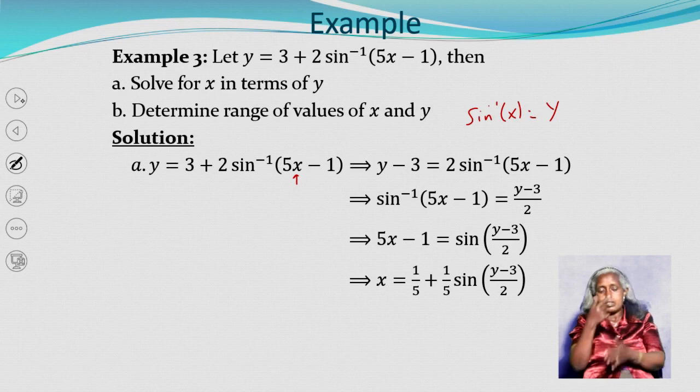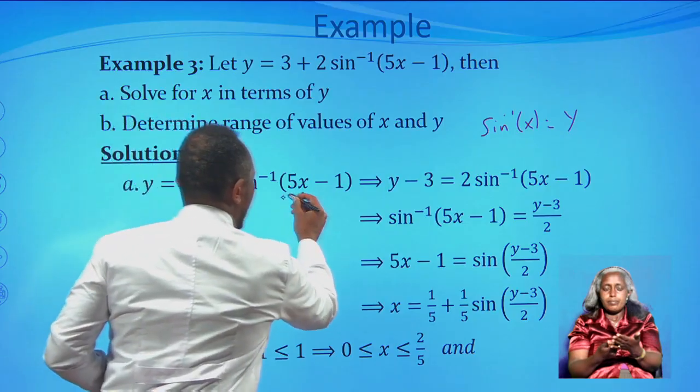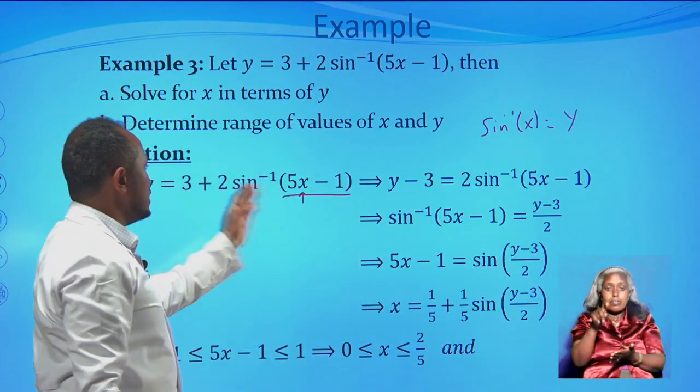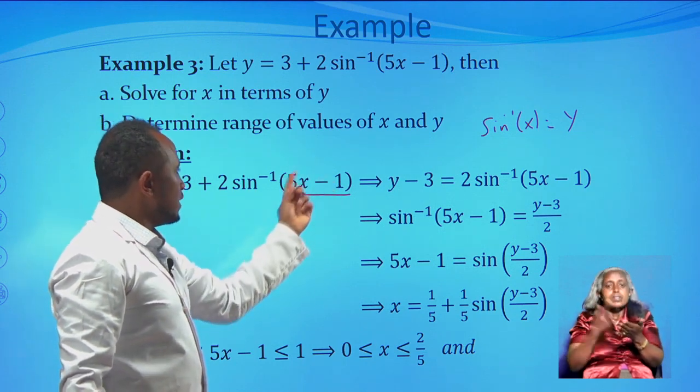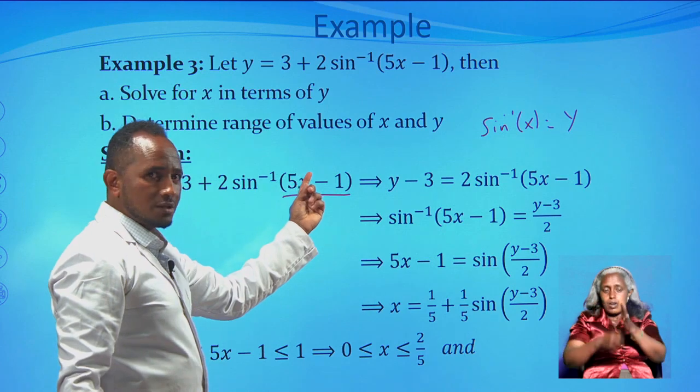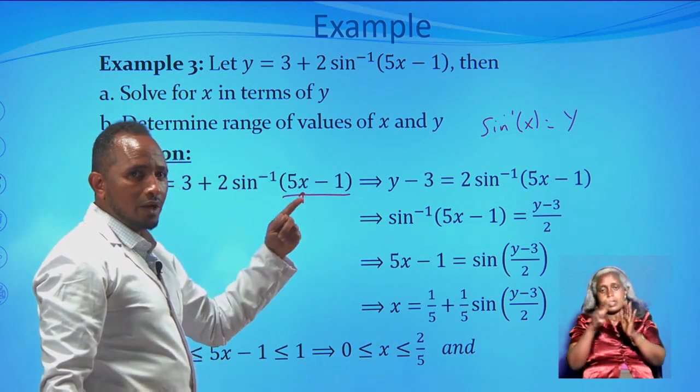And here we are also asked to determine the range of values of x and y. Sine inverse of 5x minus 1 will be defined when this value is between -1 and 1.